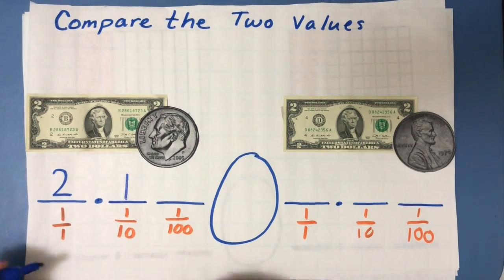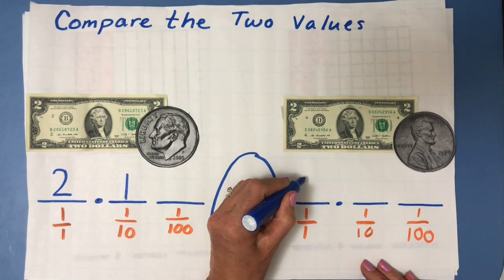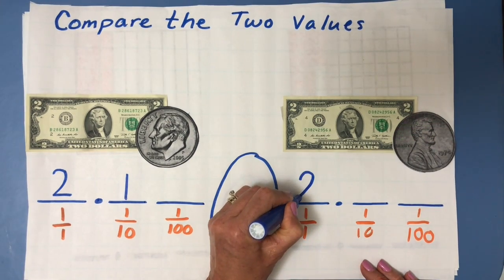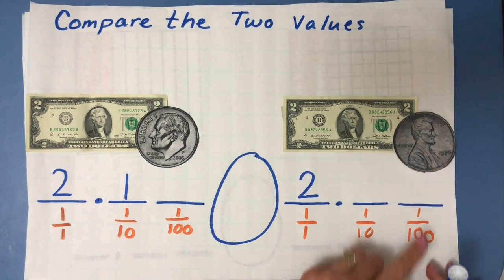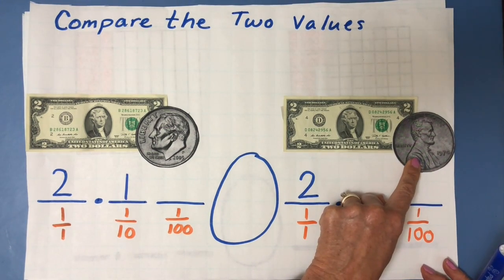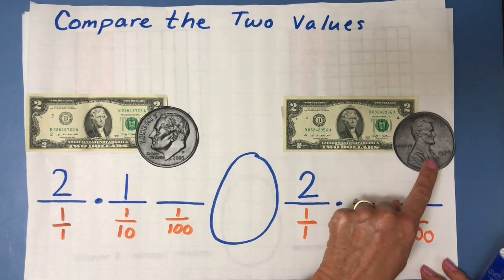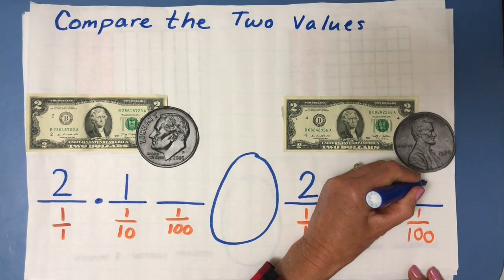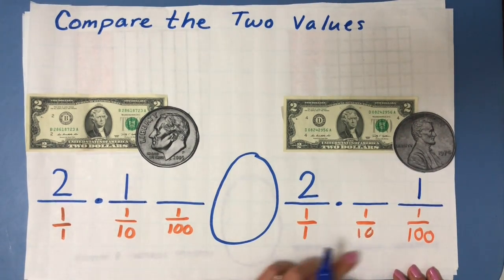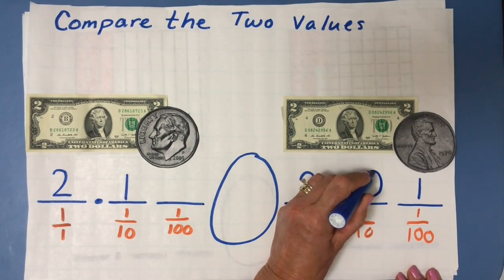And then this one right here, I have 2 wholes again, same. But I don't have tenths, because I know with a penny it takes 100 pennies to make $1. So I have 1 out of 100, so I'm going to put 1 here. Now, so this doesn't slide over, I have to put a placeholder.